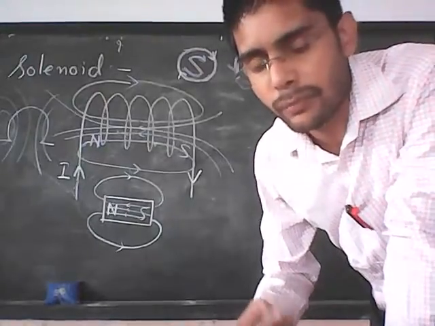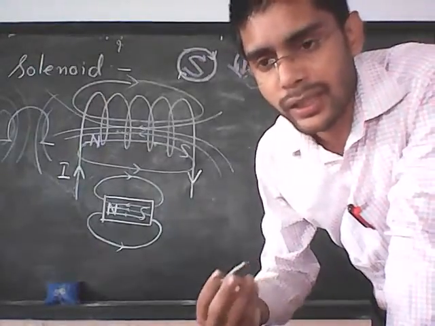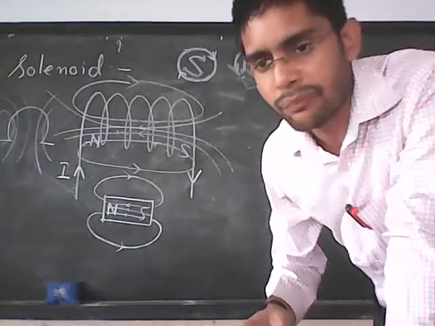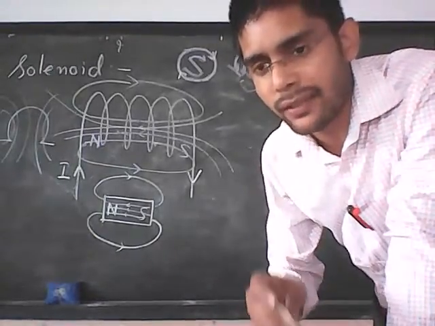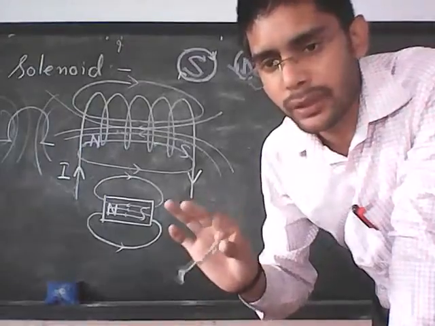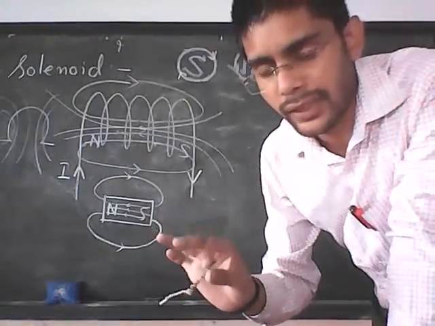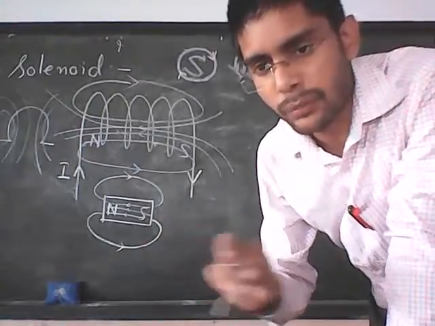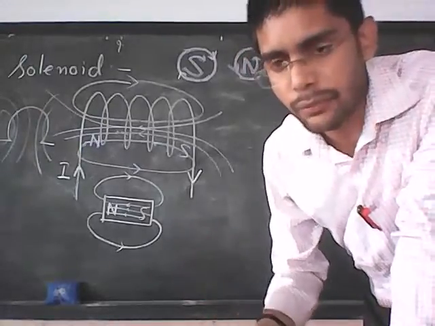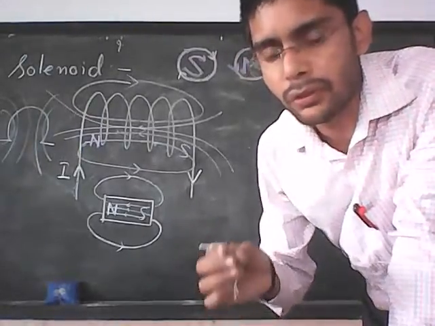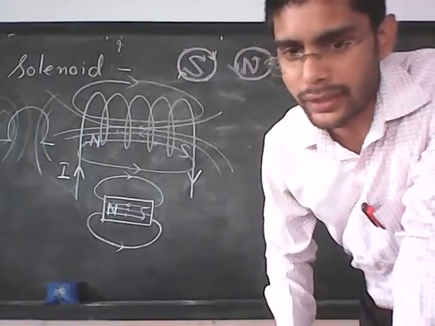It will not lose its magnetic property. But in the case of a soft iron core, as soon as you remove the electricity, it becomes simple iron and will not behave as a magnet. That's why soft iron is preferred to make electromagnets.